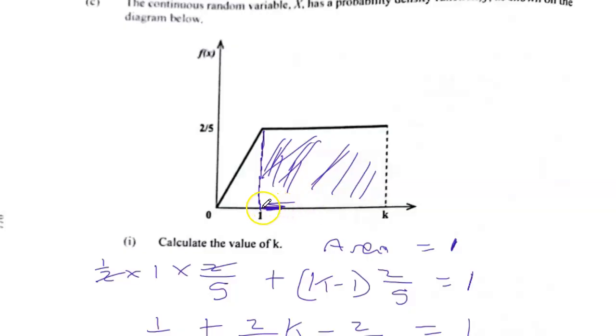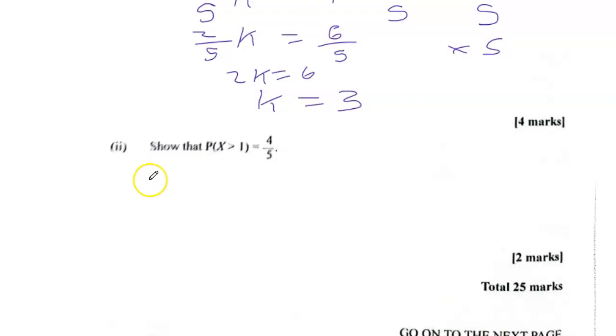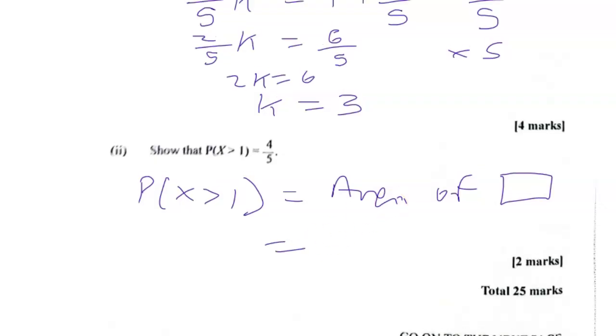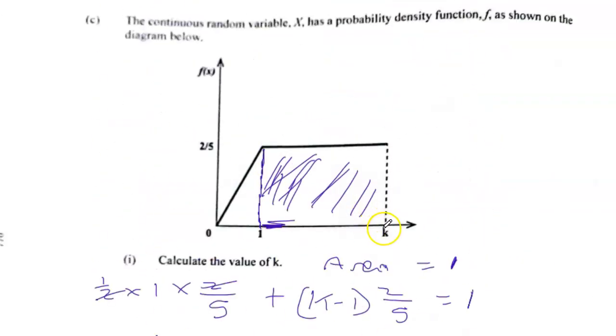Since the rectangular section starts at x equals 1, the probability X is greater than 1 is equal to the area of the rectangle. So the rectangle, again, is k minus 1 times 2/5.